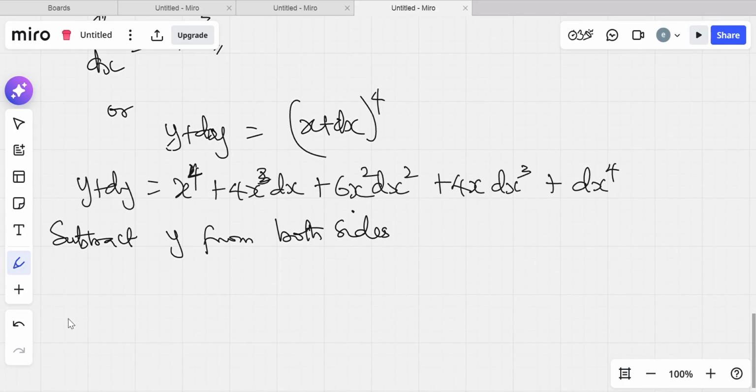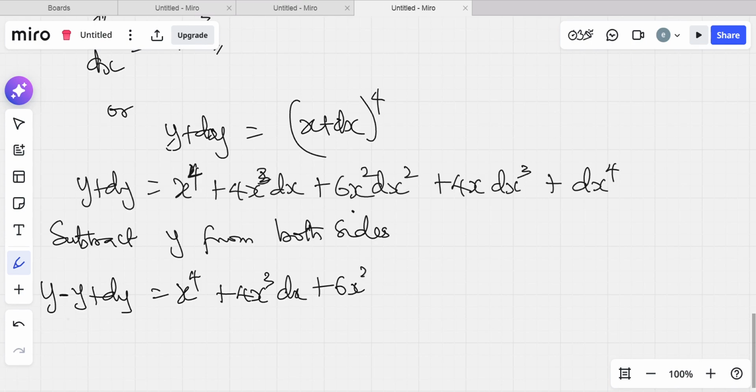So these are the two formulas that you can use to solve it. So choose the one that is easier. y minus y plus dy equal to x to the power 4 plus 4x to the power 3 dx plus 6x squared dx squared plus 4x dx to the power 3 plus dx to the power 4 minus y.